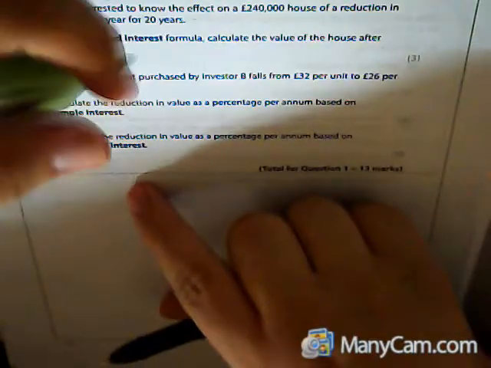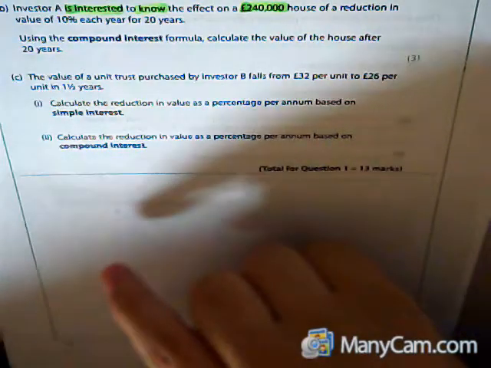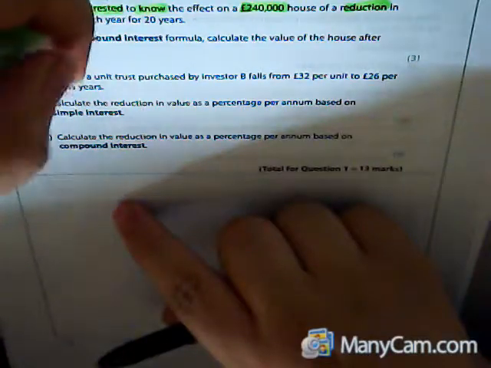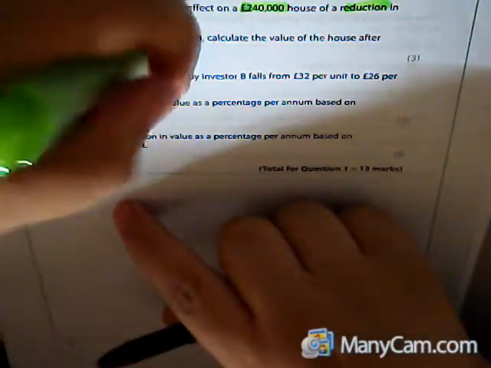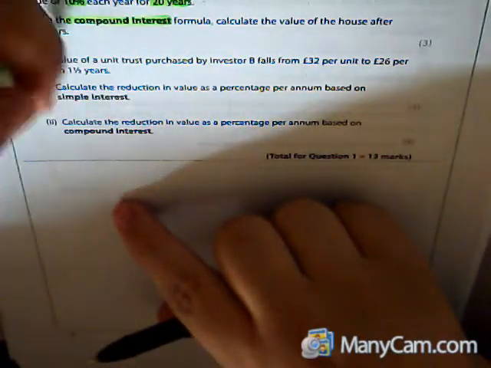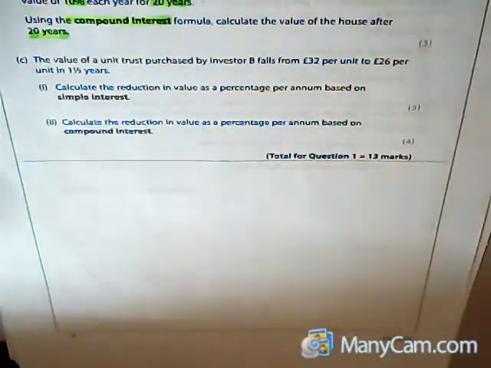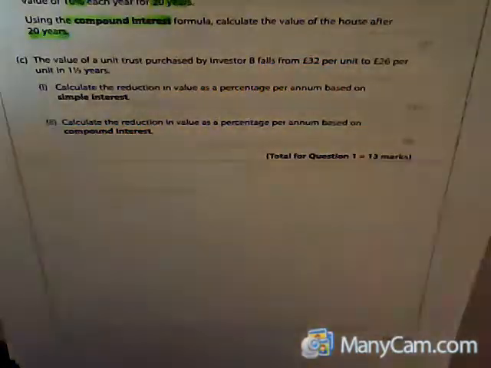Now we move on to the second part. Investor A is interested to know the effect on the 240,000 house of a reduction in value of 10% each year for 20 years. They say using the compound interest formula, calculate the value of the house after the 20 years. It's actually the same thing for the house.